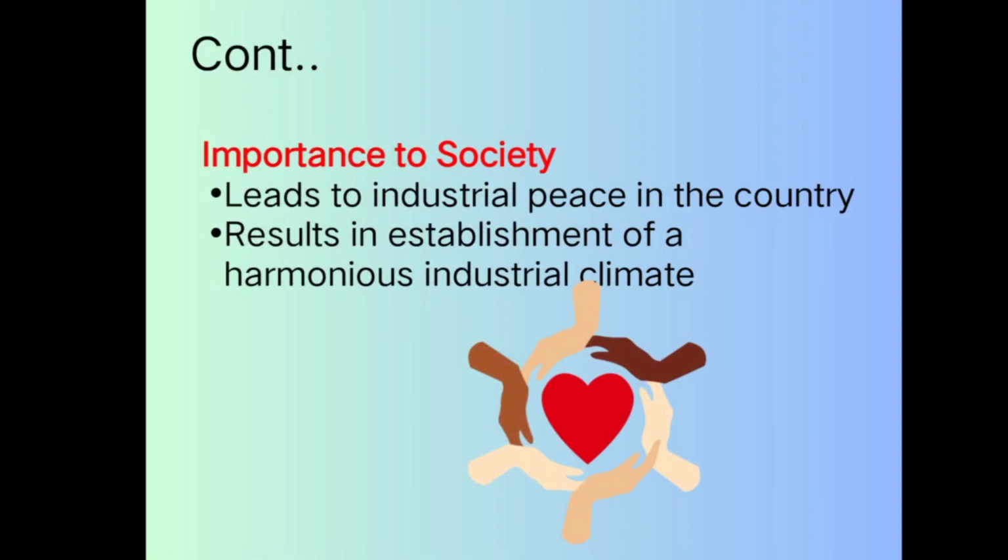Next is importance to society, that is, it leads to industrial peace in the country and results in the establishment of a harmonious industrial climate. Once the industry or any organization is working in a very smooth manner, the society will become very peaceful and there will be no strikes.